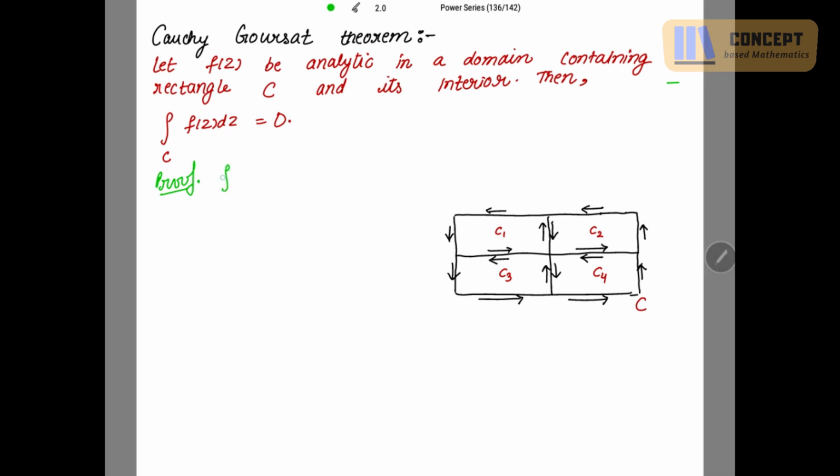Okay, so the integral over C. First I should write: divide rectangle C into 4 congruent rectangles.